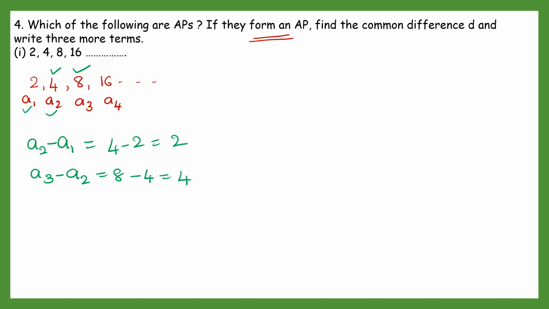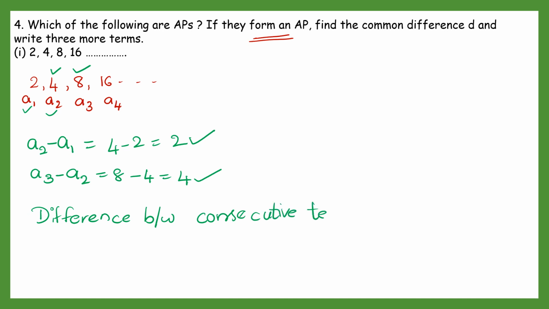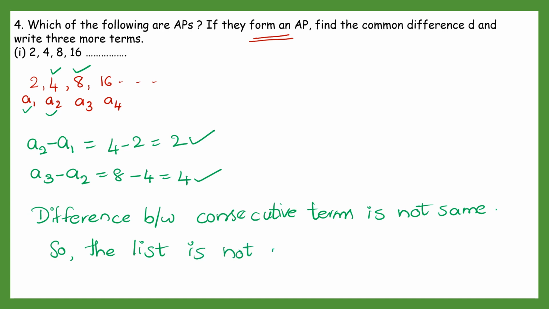Here, if you observe, the difference is not the same. The difference between consecutive terms is not the same. So the list is not in arithmetic progression.